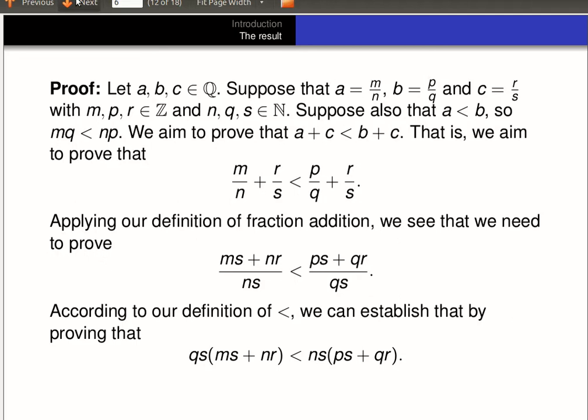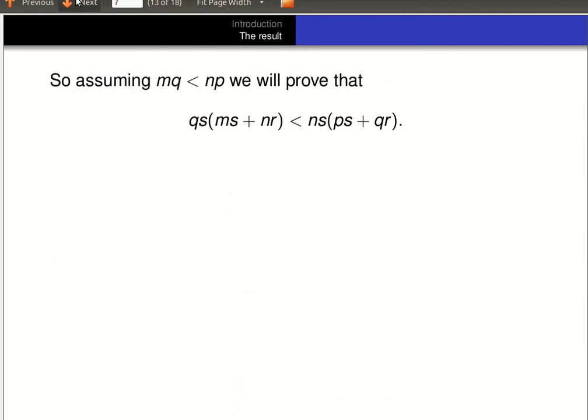So if we can establish that last line there, then we'll have proved what we need to prove. Again, our assumption is going to be that a is less than b, which works out to the integer relationship mq is less than np. And our goal is to prove that qs times (ms plus nr) is less than ns times (ps plus qr).